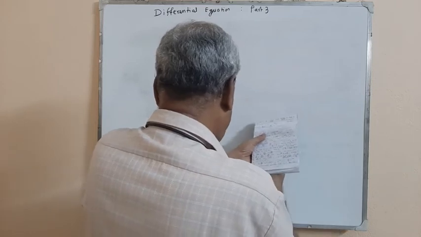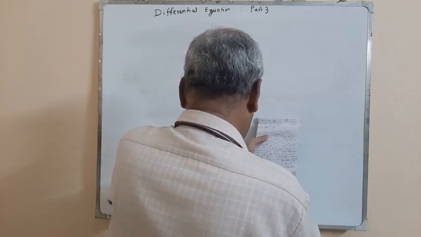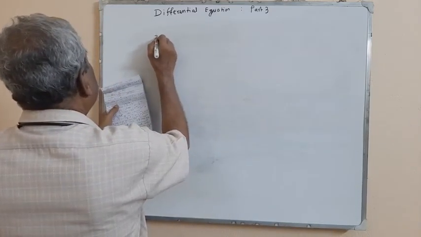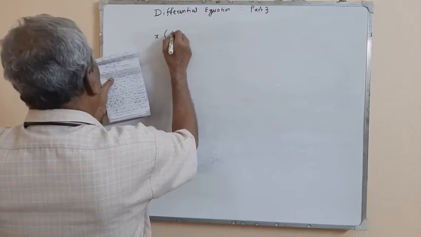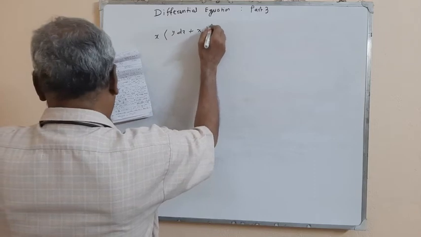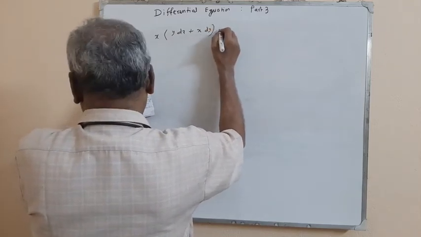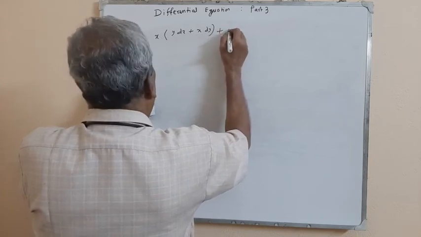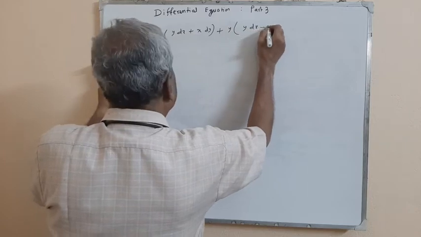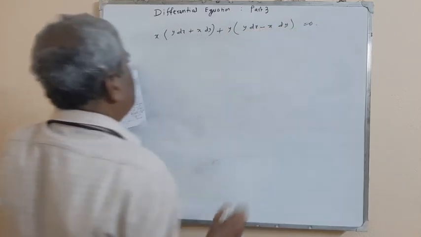Now, our next problem. Solve x y dx plus x dy, plus y into y dx minus x dy, is equal to 0.